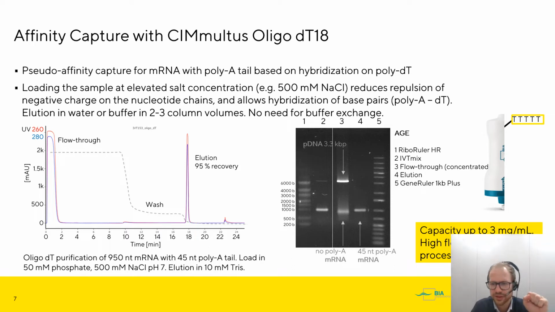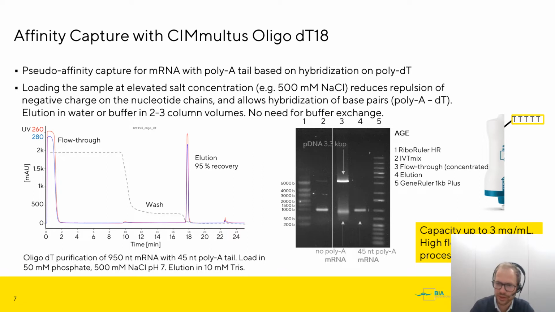Flow-through contains everything that is not polyadenylated, and after a short wash we elute mRNA with 95% recovery in a very low molarity of tris buffer. This is a very simple purification approach with capacity of up to 3 milligrams per milliliter of resin, we can use high flow rates and achieve high recovery of polyadenylated mRNA. This is a very suitable tool.